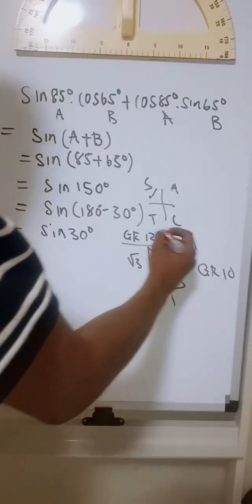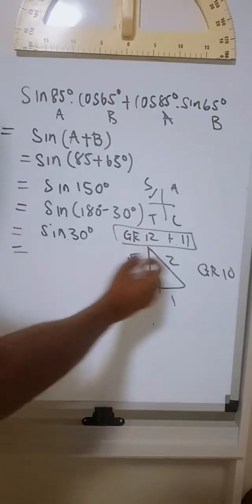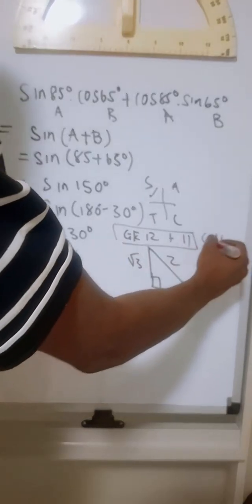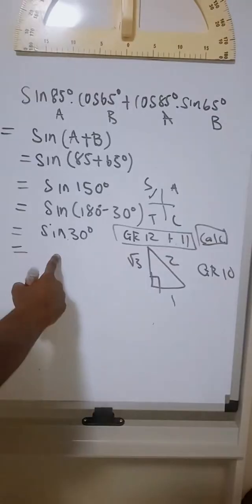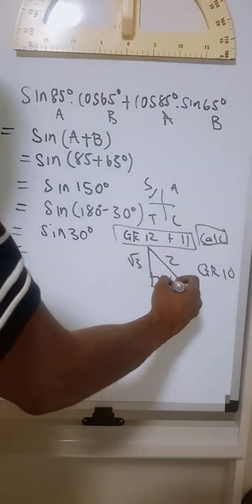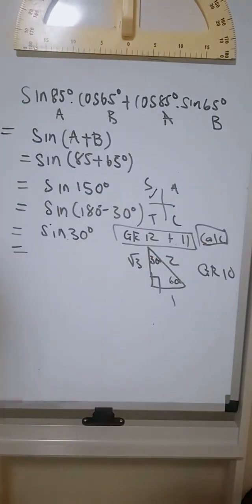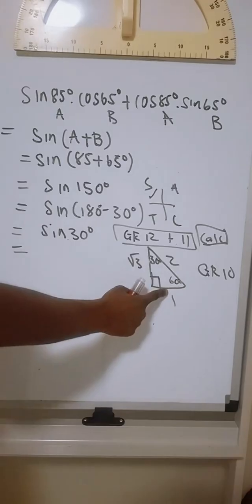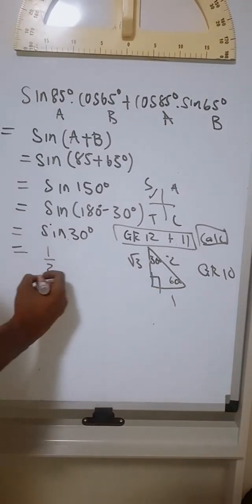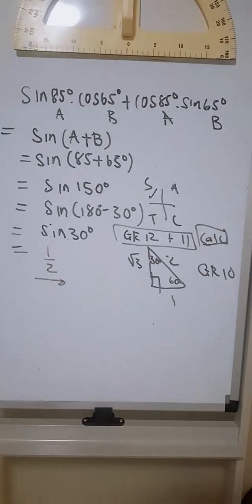So grade 11s and 12s, once you get to the acute angle, you can just punch it in your calculator and write the answer down. Grade 10s, on the other hand, need to know the 30-60 special angle triangle. So sine of 60 is opposite over hypotenuse. That's a half. Done. Finished. That's how we do that one.